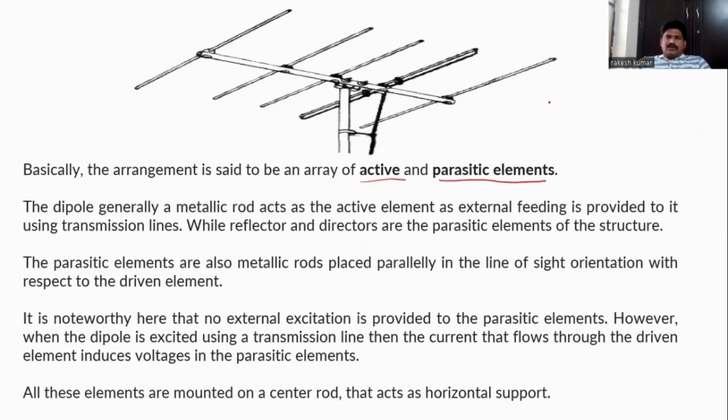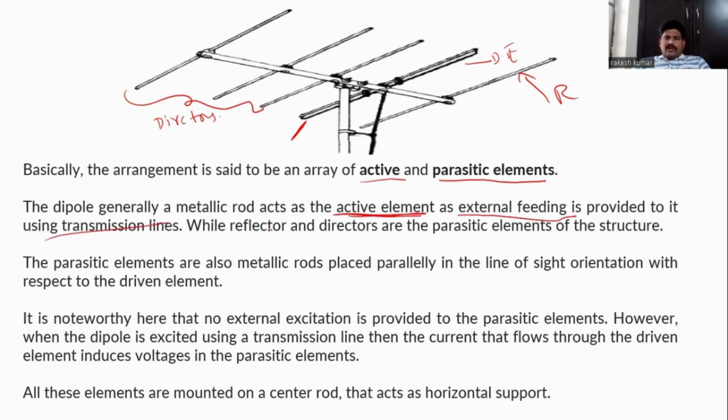This is a reflector, this is a driven element, and these three are directors. The driven element is generally a metallic rod, the active element, which is fed externally using a transmission line.